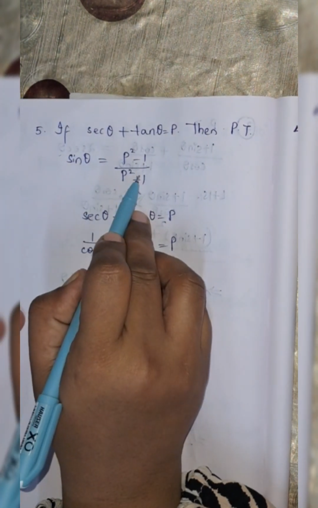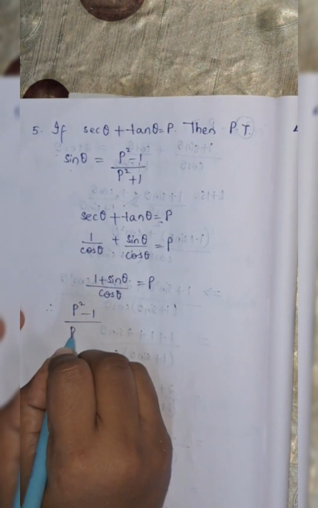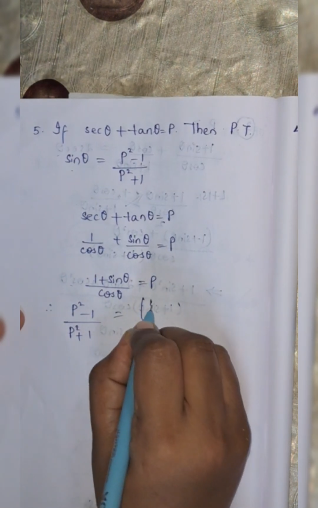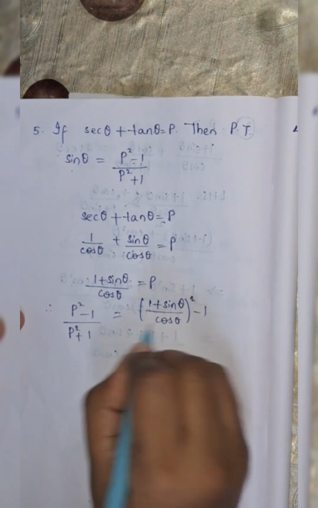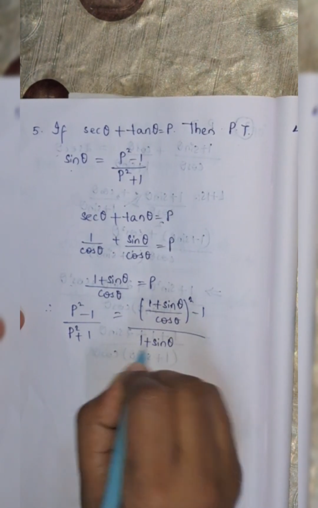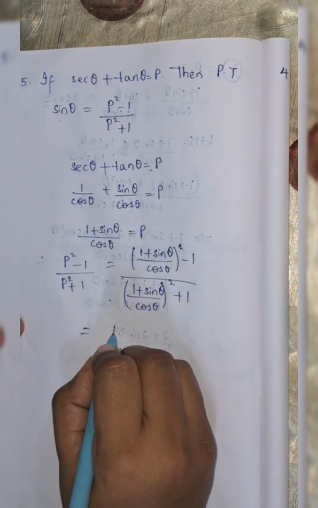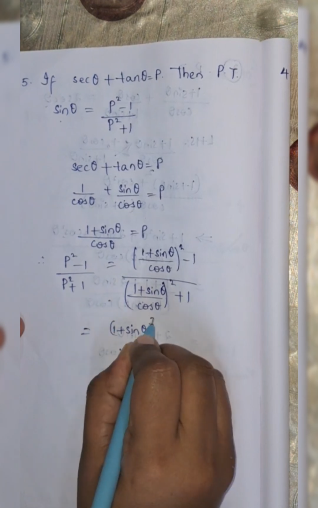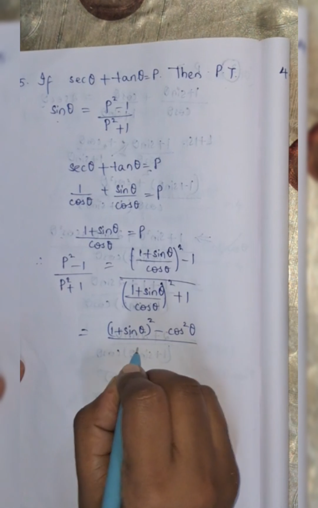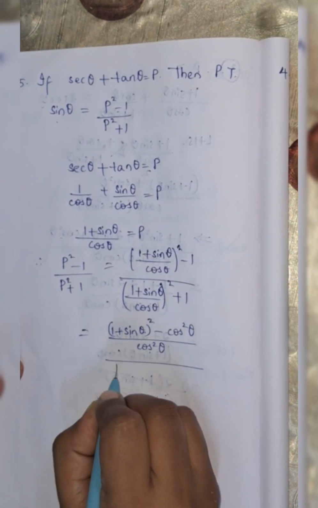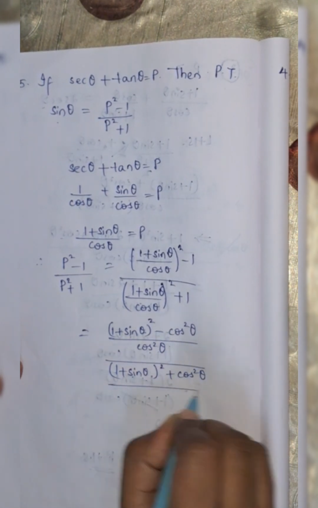Now I'm taking this side and proving it. Let us take (P square minus 1) by (P square plus 1). This will be ((1 plus sin theta) by cos theta) whole square minus 1, by ((1 plus sin theta) by cos theta) whole square plus 1. This can be done as (1 plus sin theta) whole square minus cos square theta, by cos square theta, over (1 plus sin theta) whole square plus cos square theta, by cos square theta.